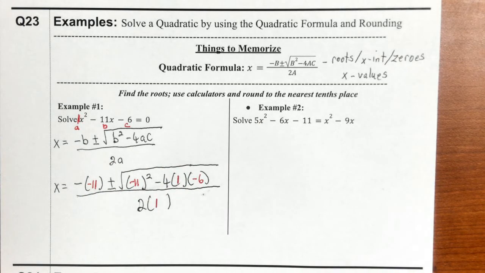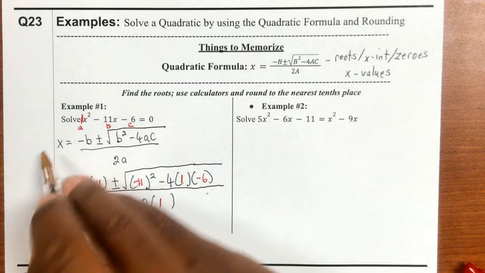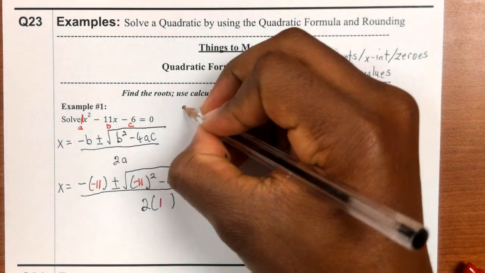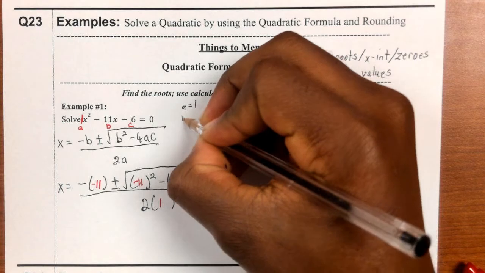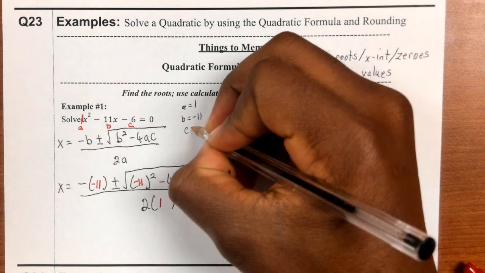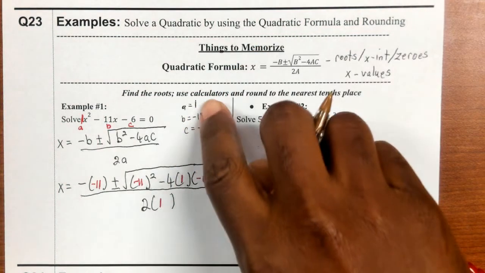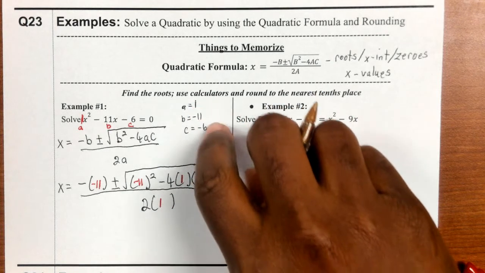A lot of times some people will list the numbers on the side, so that a is 1, b is negative 11, and c is negative 6, just so they can remember them.